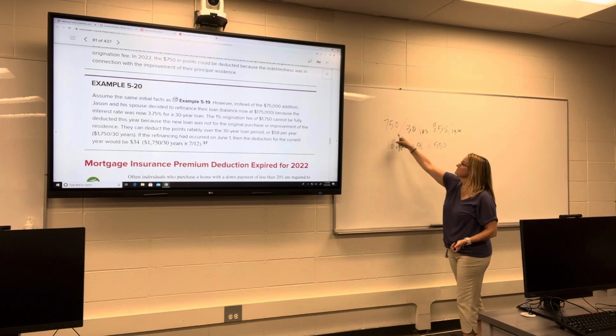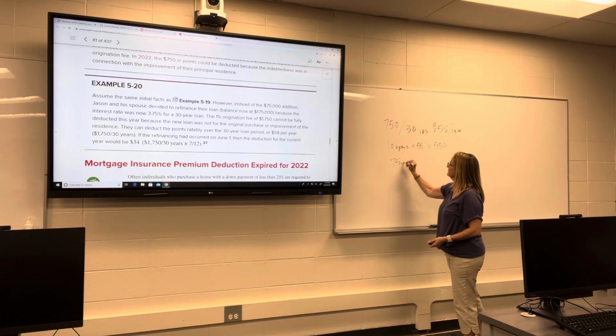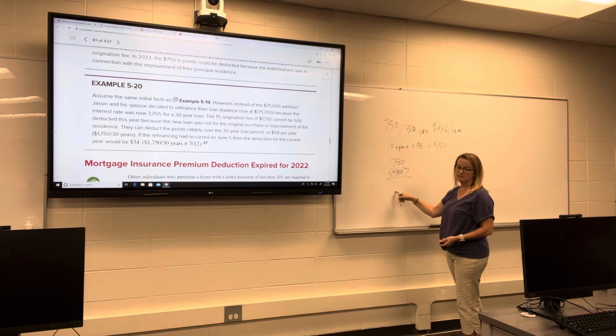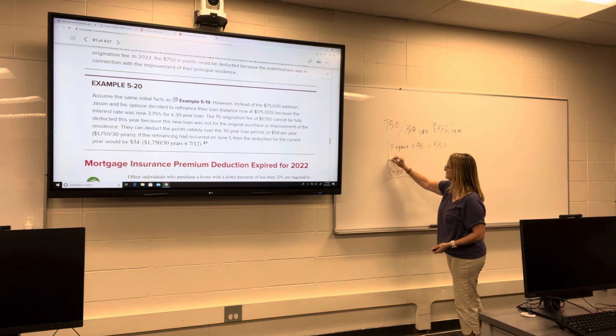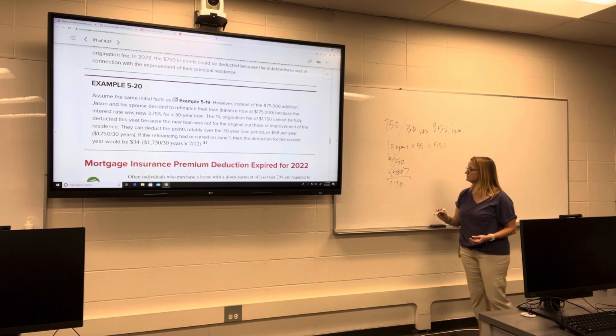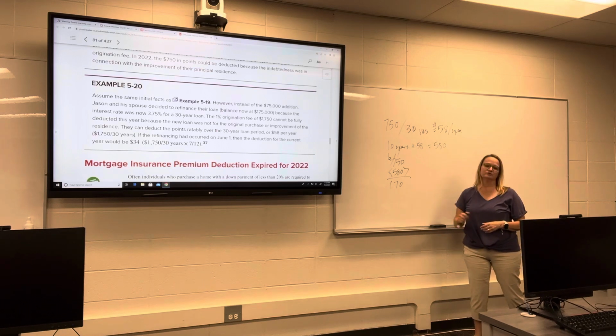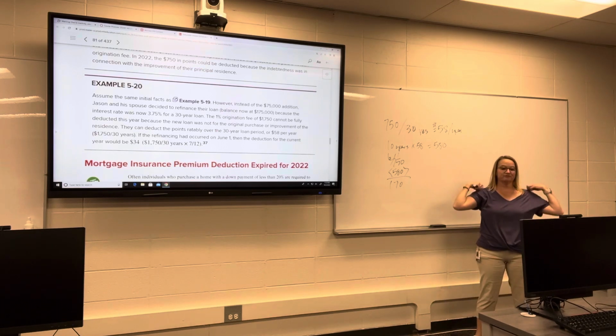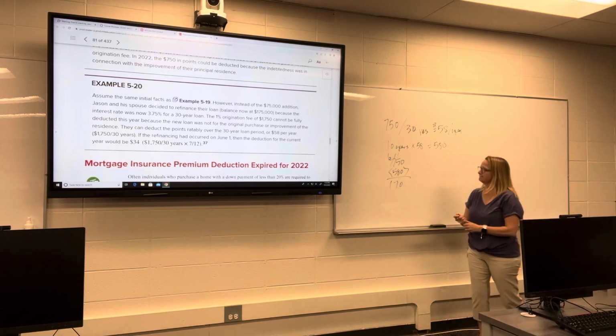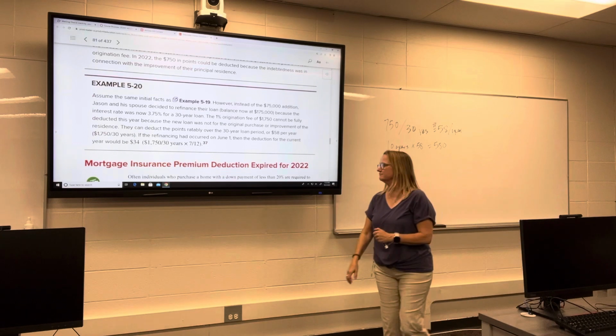That means the rest of that, $750 minus $580, what they've already taken, they'll get a deduction for that amount. So $170. So the deduction the year that they sell would be the $170 rather than the $58. Yep, so they get to take the remainder of it. Great question, by the way.